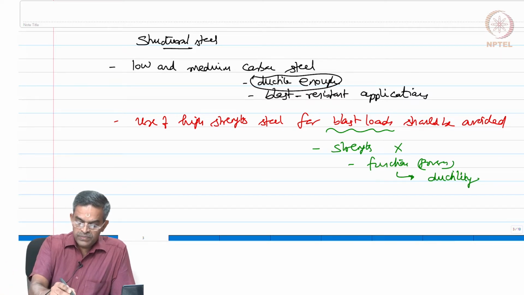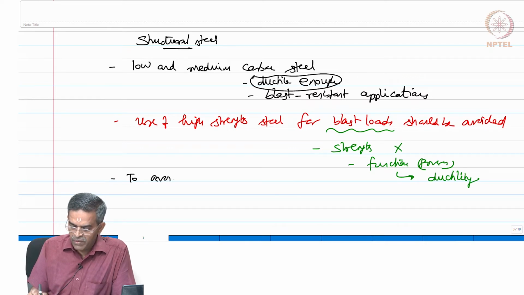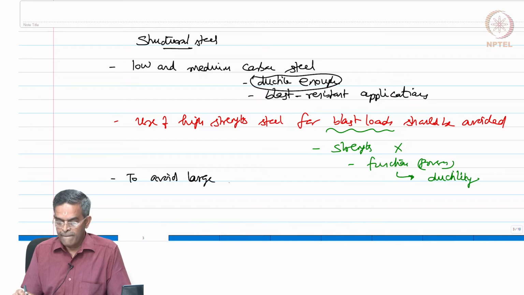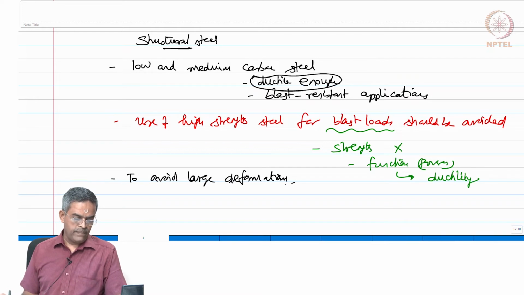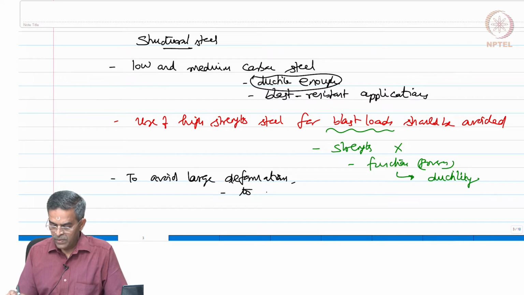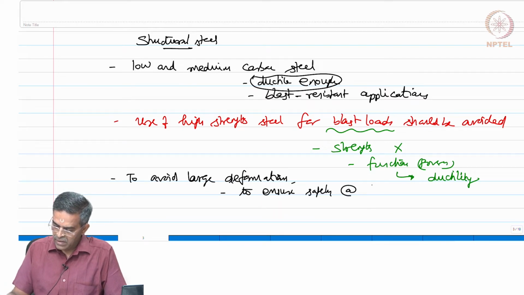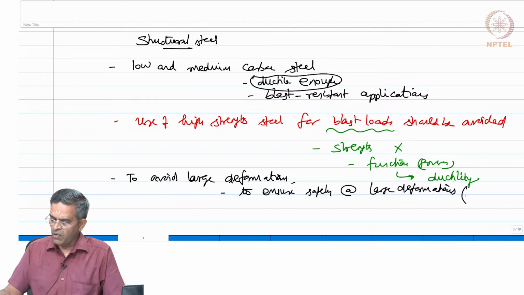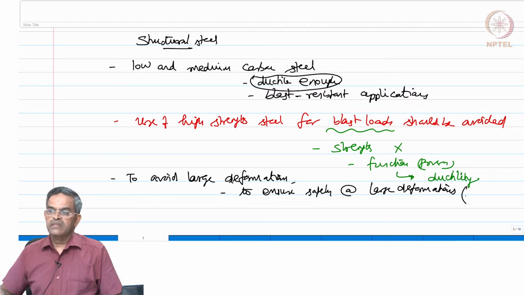So, therefore, friends, to avoid large deformations, or to be very specific, to achieve or to ensure safety at large deformations, let us put it like this. Because when you talk about blast resistant design, large deformations or large displacements, okay, will be anyway a part of presence, you cannot avoid that.